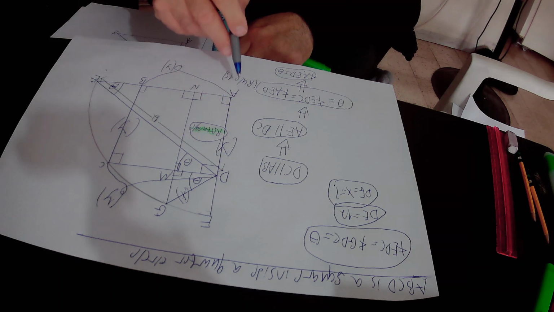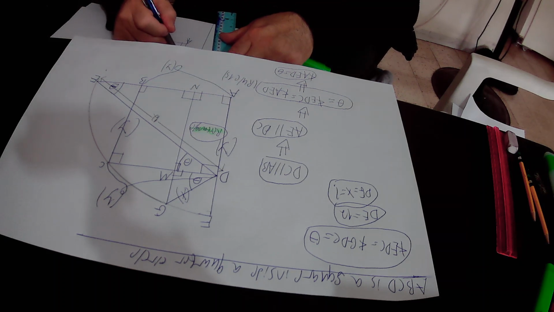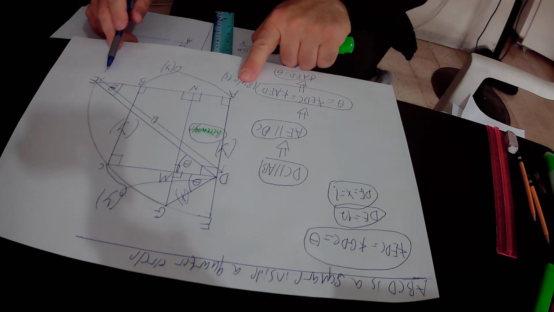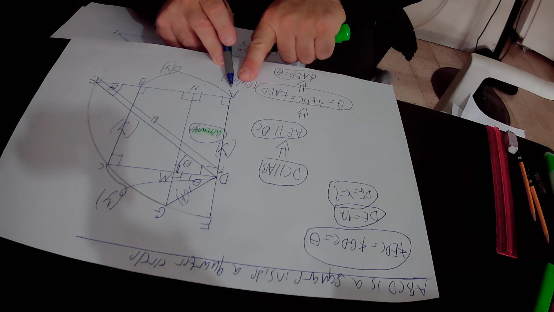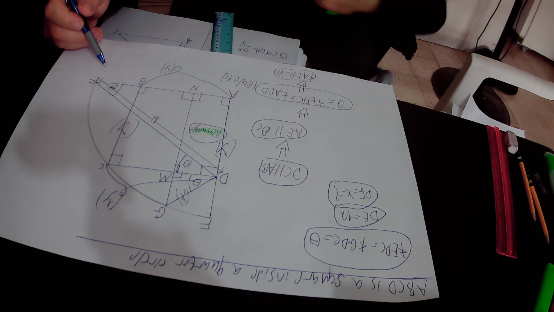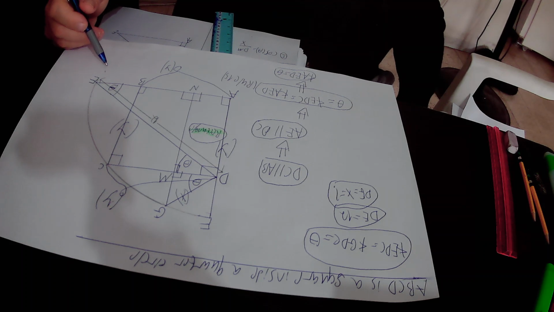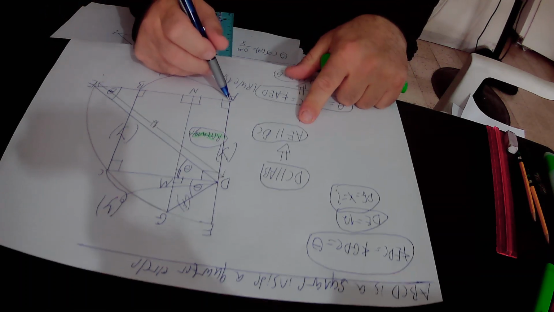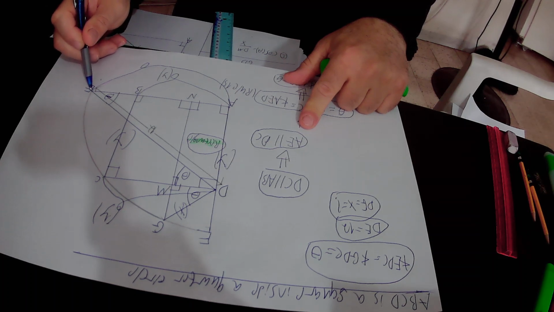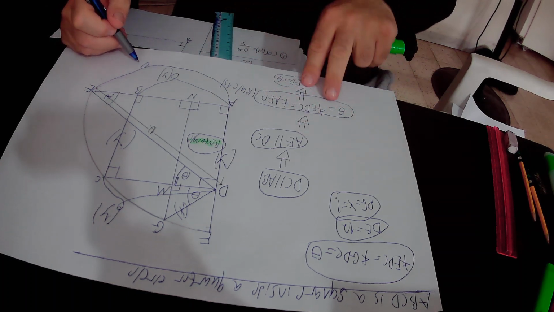AD equals y according to our definition. And finally, what is the length of side AE? Side AE starts from point A, that is the center of the quarter circle, and ends at point E, that is the point on the quarter circle itself. So this is exactly the definition of a radius. Therefore, AE is the radius of this quarter circle. We will define the radius of this quarter circle as r. Therefore, AE equals r.